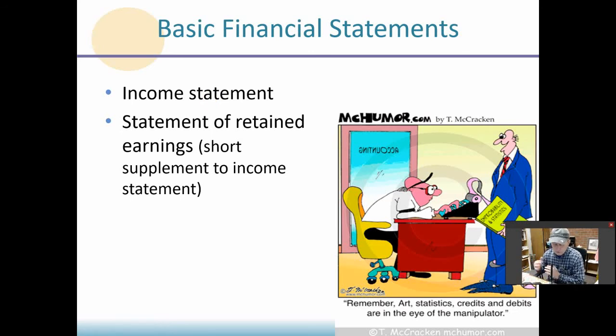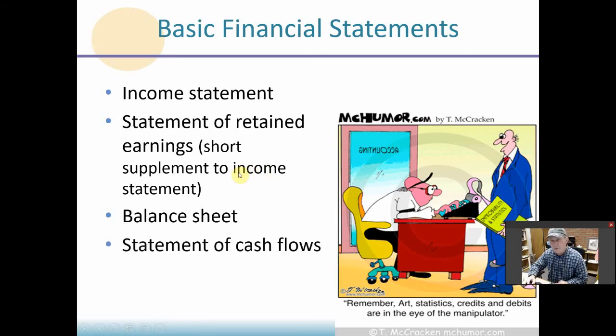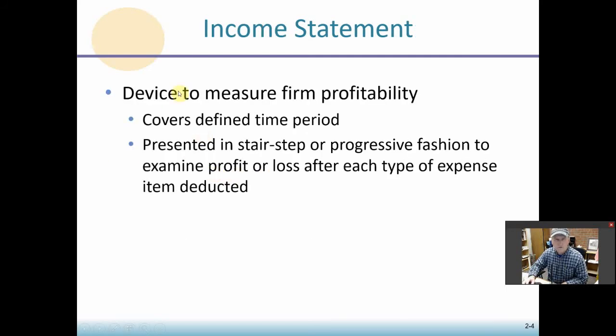Statement of retained earnings is just kind of an addition, really, to that income statement, and it says after all is said and done, how much of that do we actually keep in the company, that we can add to the capital base or the net worth or equity of the company. Balance sheet, point in time, right? We take a look at a company as a point in time, assets versus liabilities to equal net worth, and statement of cash flows. That's especially important if we have a company that's using an accrual method of accounting, which we'll kind of talk about.